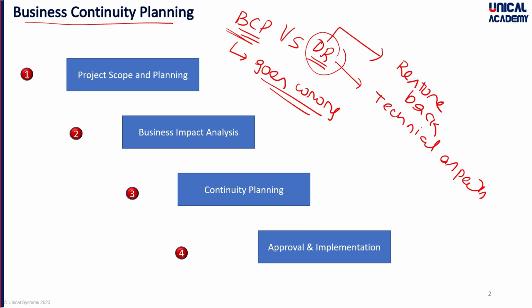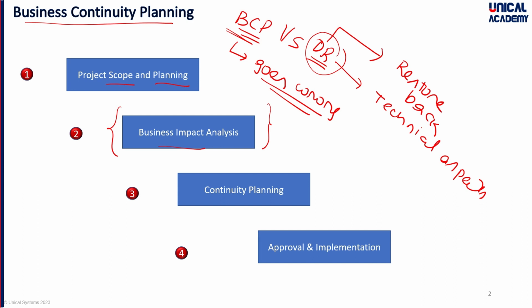What is business continuity planning? Business continuity planning deals with four aspects. First, be clear on the scope of business continuity planning based on the criticality of the operations that you want to focus on. How do you plan for that? For that, how do we assess the business impact analysis for all identified elements, operations, business tasks, people, and everything?